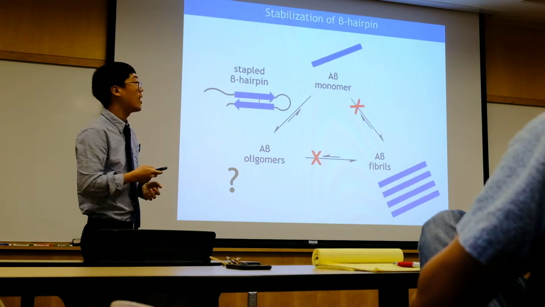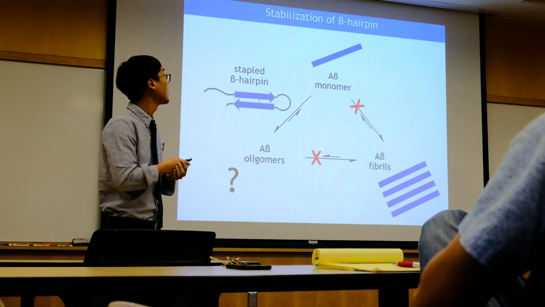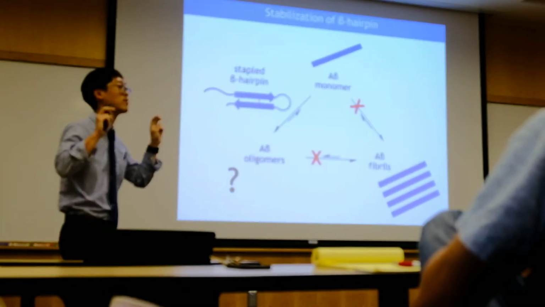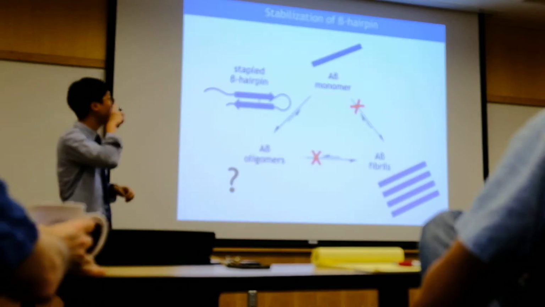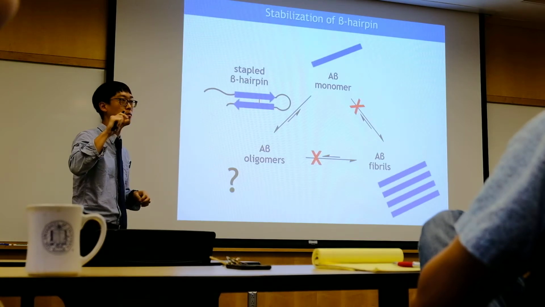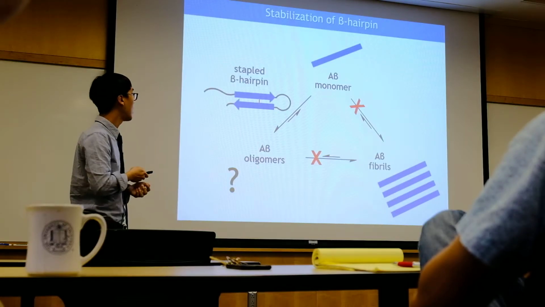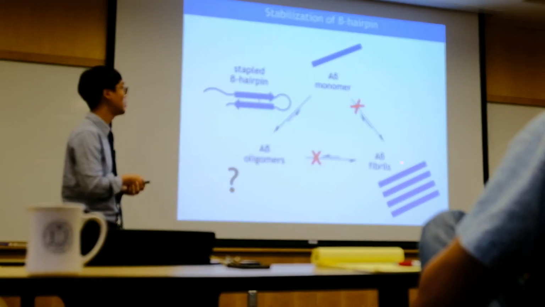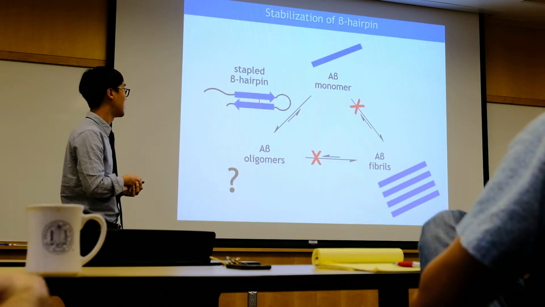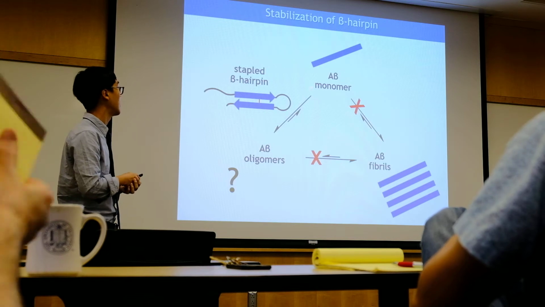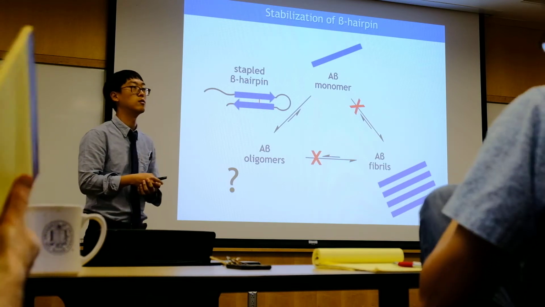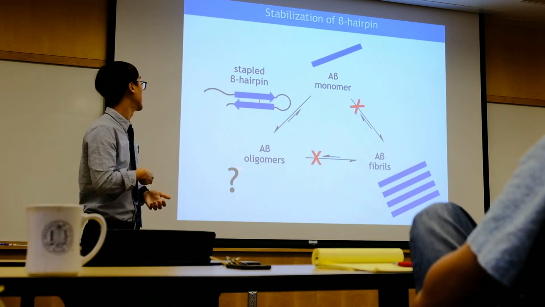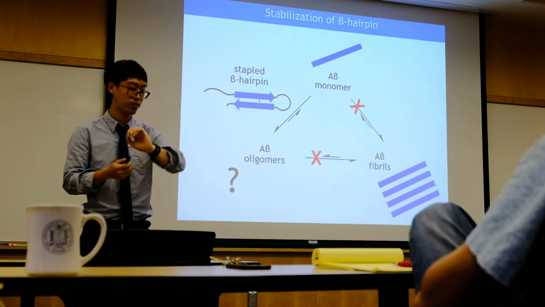So I hypothesized that if I stabilize the beta hairpin with a chemical bond, like a covalent bond, I will maybe be able to block this pathway from Abeta monomer to the fibrils, and be able to lock in and stabilize the Abeta oligomers this way.